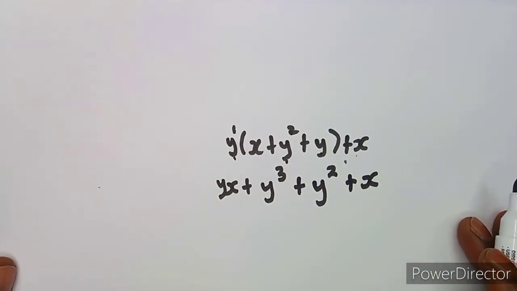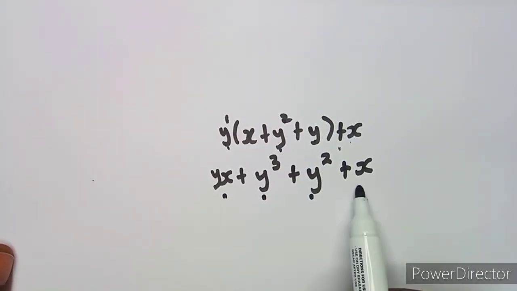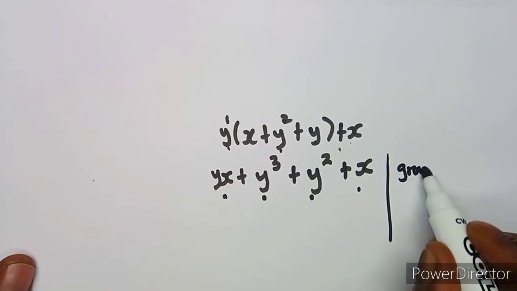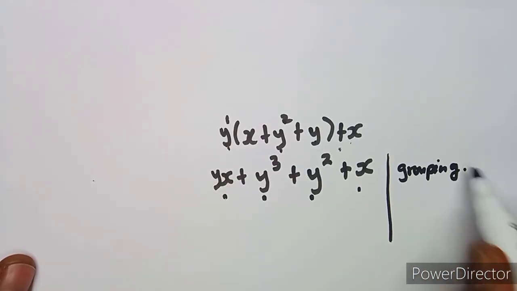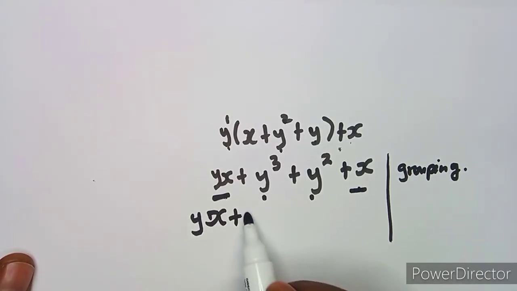Now we can see something here, because we can actually group, because these are 1, 2, 3, 4 terms. Remember, if you have got 4 terms, you can factorize by grouping. So let's just try and group our terms. We've got this part with x. Let's group this part together like this.